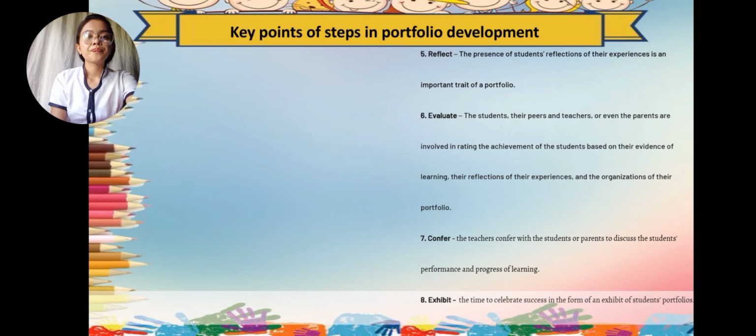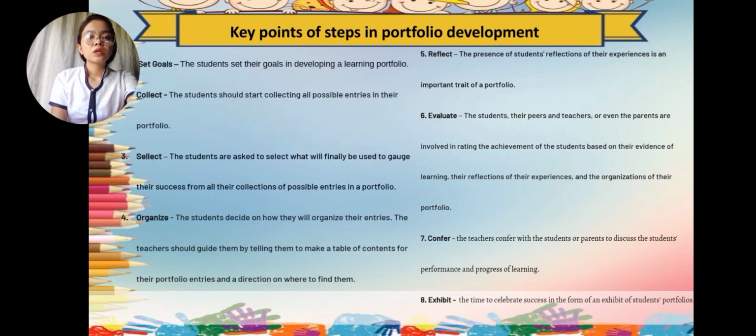Okay, so these are the key points of tips in portfolio development. We have set goals. The students set their goals in developing a learning portfolio. In collect, the students should start collecting all possible entries in their portfolio. We have number 3, select.